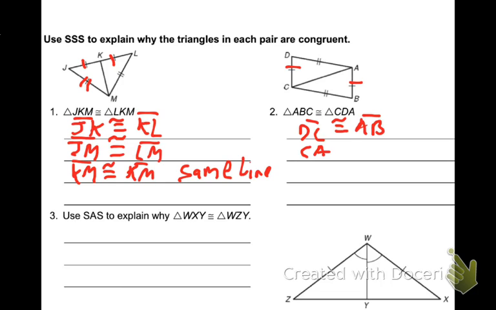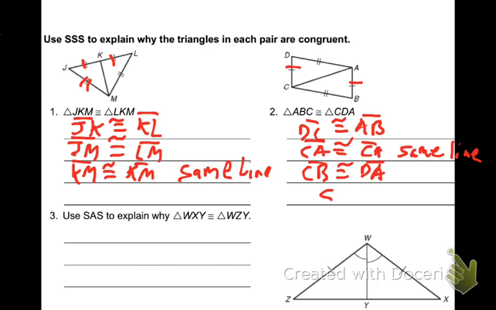Yeah, CA is congruent to CA. It's the exact same line. Recognize that, because they will almost always throw it out there in triangle congruence problems that they share a line. What's the last one we know then, Kay? CB is congruent to DA.